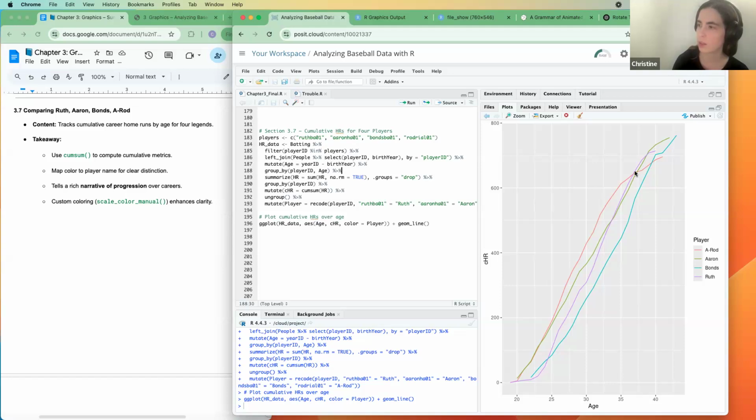In their mid-30s here, but some players seem to be, yeah, Aaron going almost right up to the end with just straight progress, which is wild.